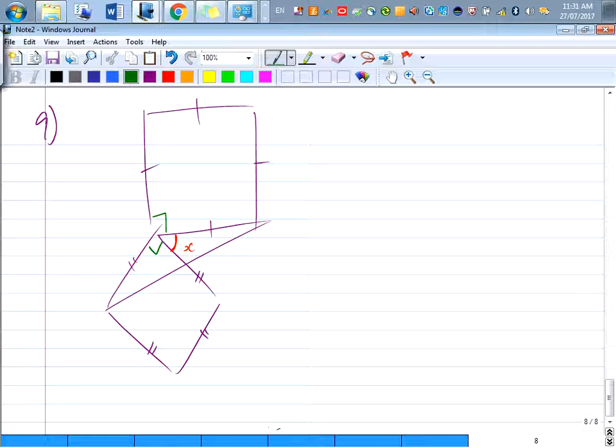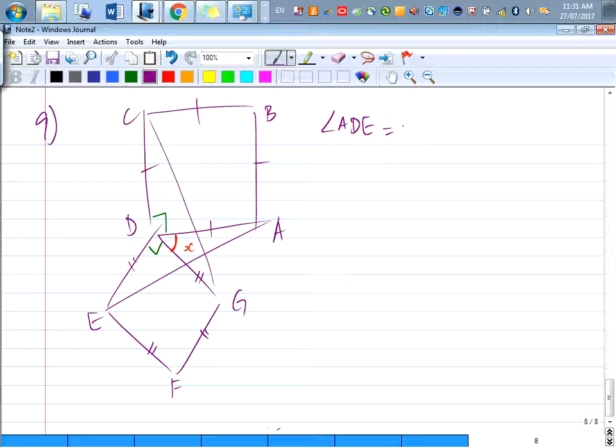Oh, okay. We are trying to show that angle ADE equals to CDG. So we can write out that ADE first.